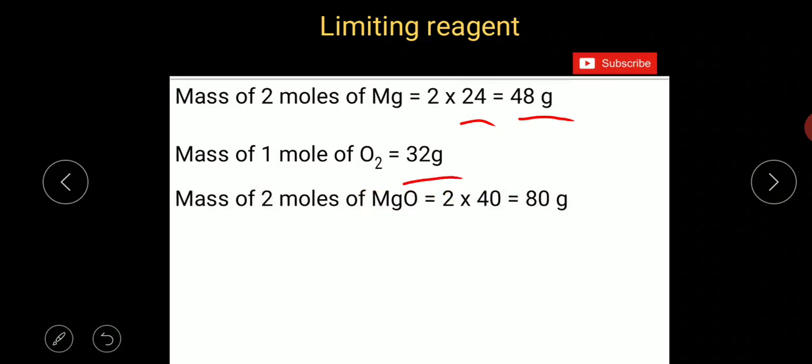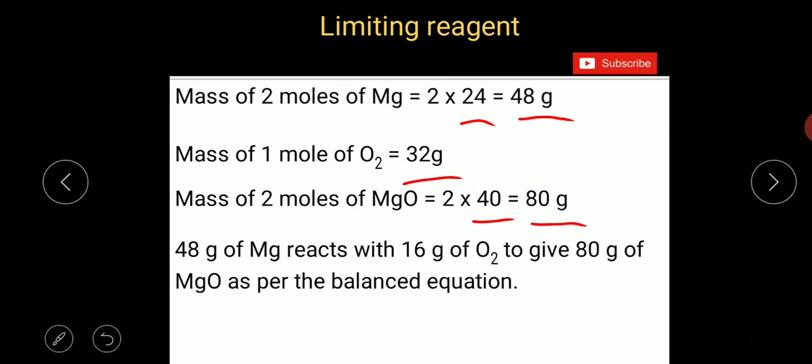Gram molecular mass of magnesium oxide is 40, and as 2 moles of magnesium oxide are formed, it should be 80 grams. So what should be the relation now? 48 grams of magnesium combines with 32 grams of oxygen and will give you 80 grams of magnesium oxide.